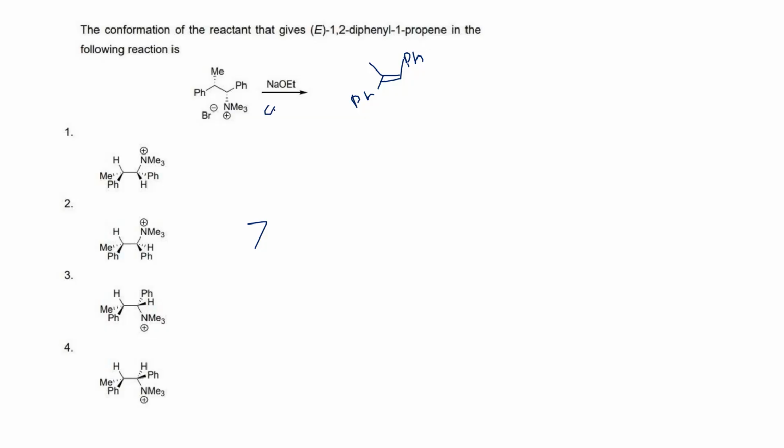So this is a Cope elimination reaction. You have to remove this NMe3. Cope elimination is always a syn elimination. So you need a syn hydrogen adjacent to this. To get a syn hydrogen, this will be rotated, because here the hydrogen is above the plane.